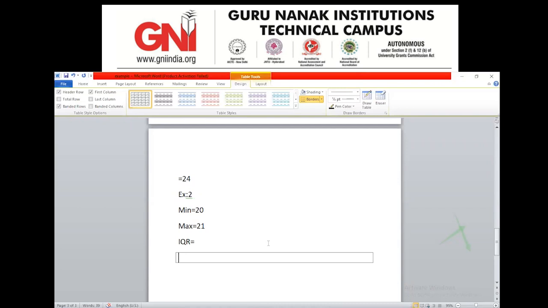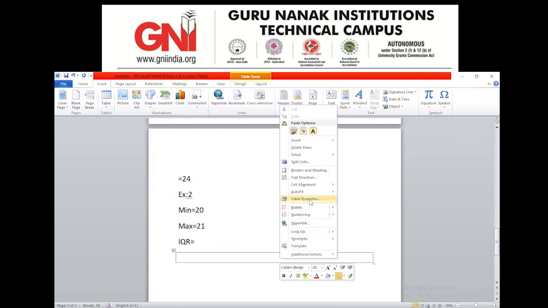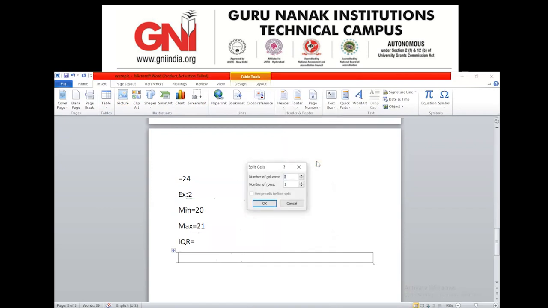So we should know what the Q1, Q2, Q3, Q4 are. Suppose we split into 2 columns.